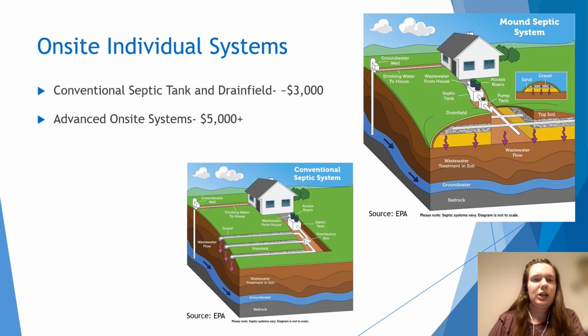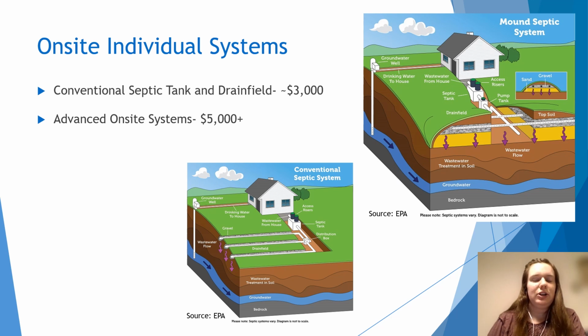The next option is to install on-site individual systems. You can use your conventional septic system or advanced systems. One of these is a mound septic tank system where they artificially add sand or other soil media above the natural grade so that there's additional soil for the wastewater to go through and have treatment before it enters the groundwater table.